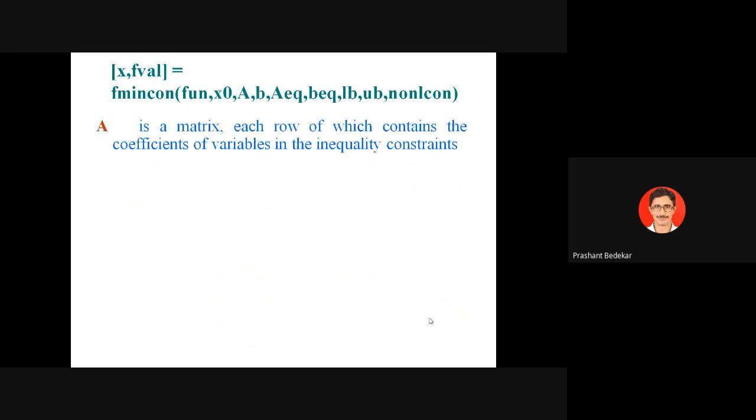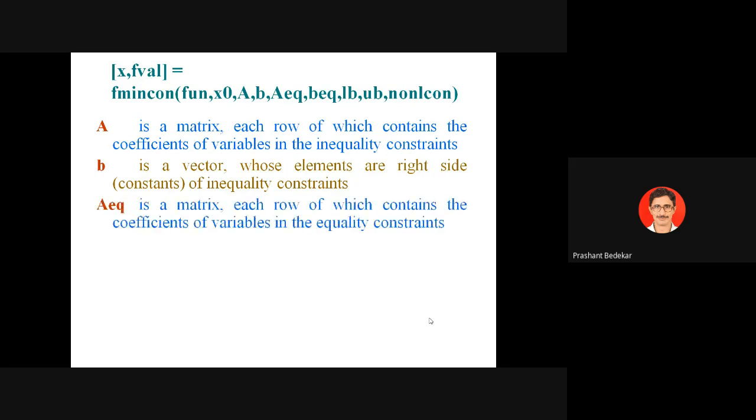A is the matrix, each row of which contains the coefficients of variables in the inequality constraints. B is a vector whose elements are the right hand side constants of the inequality constraints. And of course, A and B are to be written after converting all the linear inequalities into less than or equal to type. Aeq is a matrix, each row of which contains the coefficients of variables in the equality constraints.